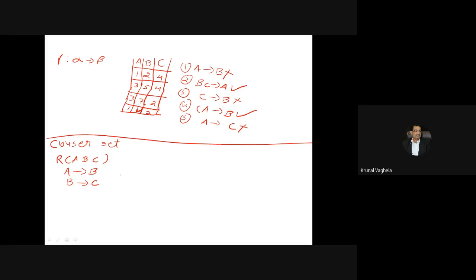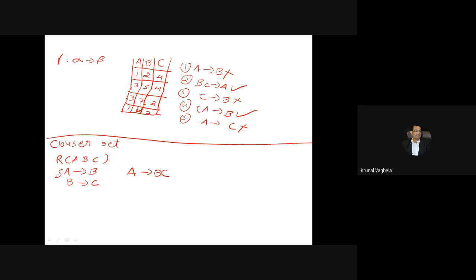Then if I tell you, if I have A, here you can find B, and from B you can find C. So you can say that if I have A, I can find B and C both, because from A I can find B and from B I can find C. From that you can see that these are visible functional dependencies.